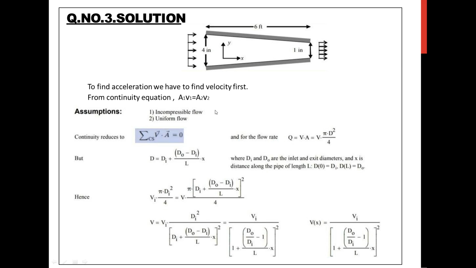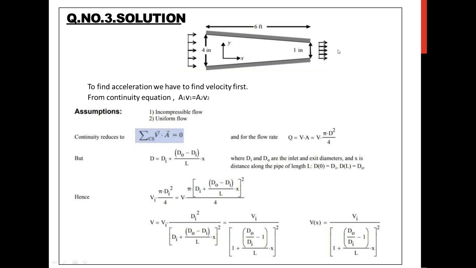That is A1 V1 equal to A2 V2. Now, taking a diameter d at distance x from inlet, we will get the value of d equal to di plus (d naught minus di) divided by L into x.